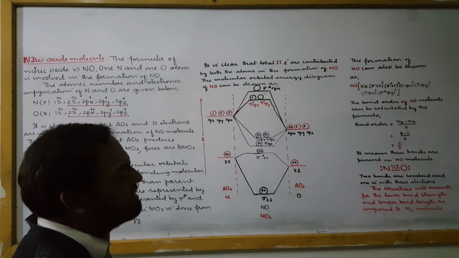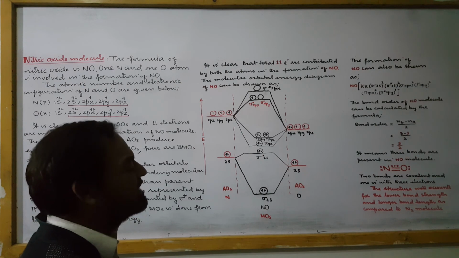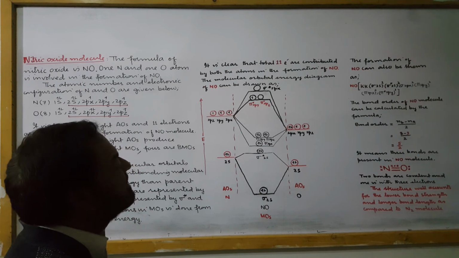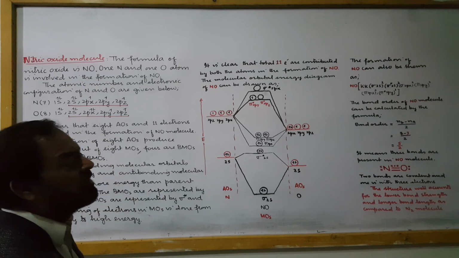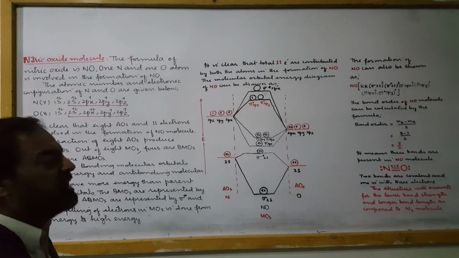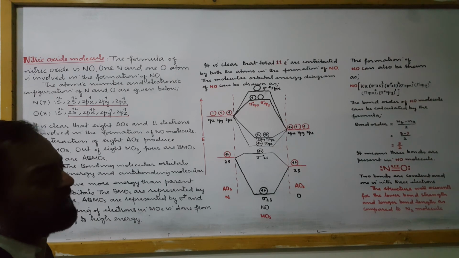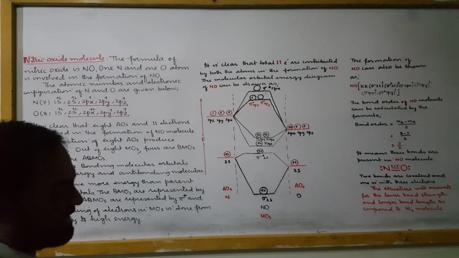It means the bond length of NO is longer as compared to nitrogen. This NO will act as a ligand in the nitrosyls, which are the complexes that will be discussed in the next lectures. Thank you very much.